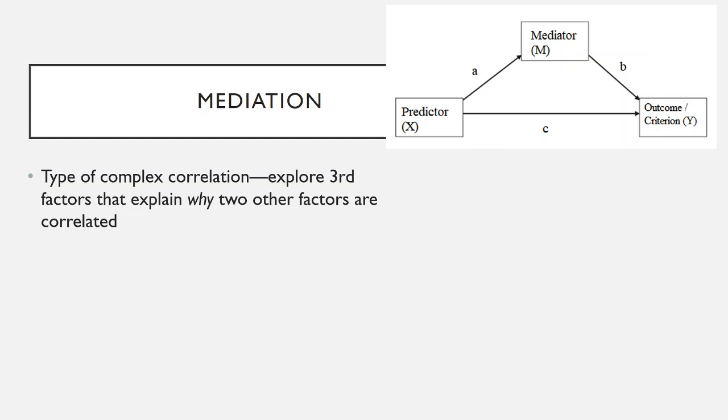So whereas moderation is all about a third variable that appears to change in strength or direction the relationship between your first two variables, x and y, mediation, on the other hand, is a third variable that you think helps explain why two variables are related. So not that you think the underlying correlation between x and y changes in any way, just that you think you have a third factor that helps you explain why that correlation between x and y is there at all. So you can evaluate this using multiple regression.